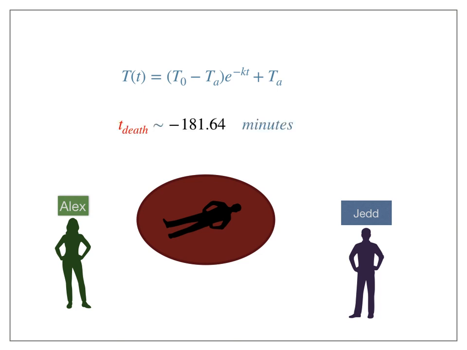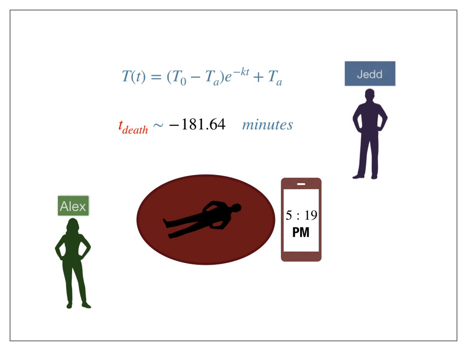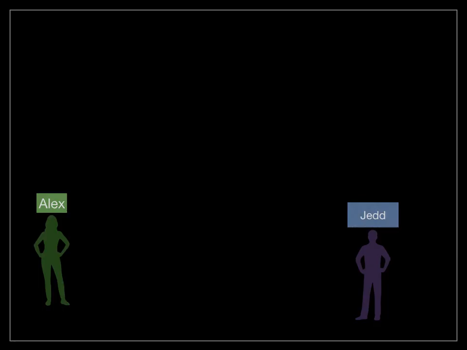Jed was following all the calculations, but he's still curious about the derivation of the function. Why is it the function that we could use in this case? "Let me explain it," Alex said.